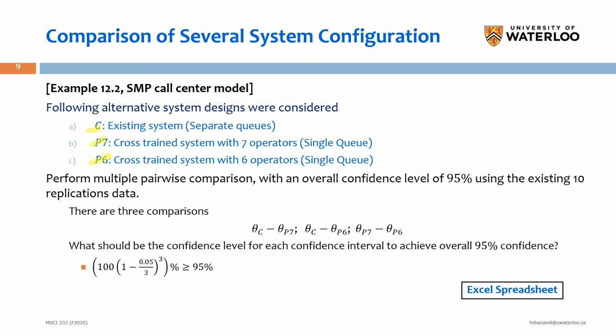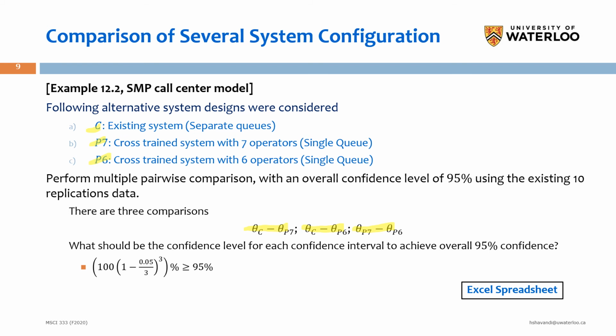If we want to analyze this example with the Bonferroni approach, we'll have 3 comparisons in total: theta c minus theta p7, theta c minus theta p6, and theta p7 against theta p6.